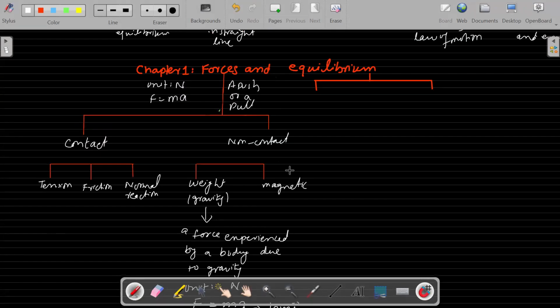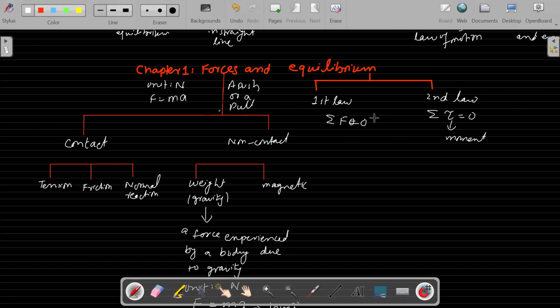As in O levels, you have discussed two laws: first law of equilibrium and second law of equilibrium. The first law says that the sum of all forces is equal to 0. Same way, the sum of all moments or torque is equal to 0.